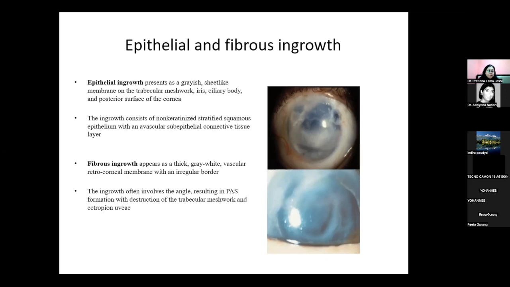Whereas in fibrous ingrowth, shown in the second picture, it is a very thick, gray-white, vascular retrocorneal membrane present on the posterior surface of the cornea. The ingrowth often involves the angle, which results in pupillary block and disrupts the trabecular meshwork, and it even causes ectropion uvea.